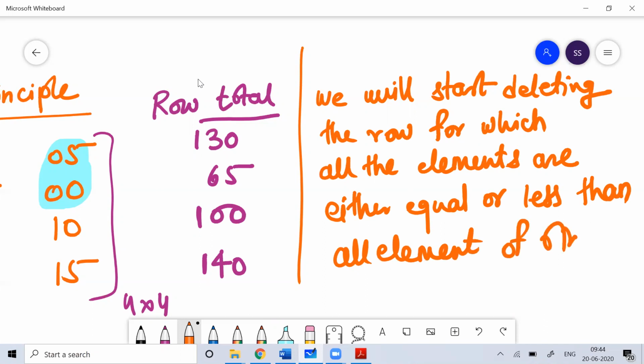So whichever row has the lesser value or equal value to all the elements of the other row, we'll delete that row.